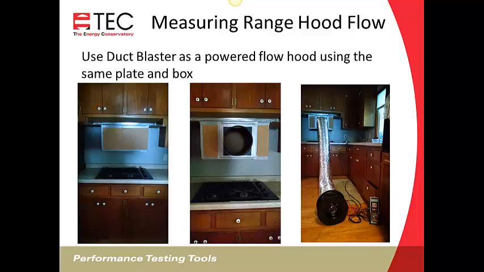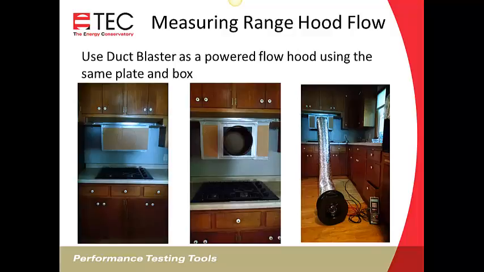If we've already got our box prefabricated, in most cases we'll probably have to fabricate that plate because it'll be a custom size for that range hood. And this one solves that problem of sometimes range hoods have fans that stick down below the level of the bottom of the hood.